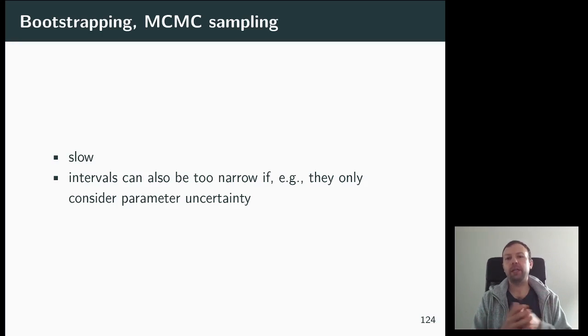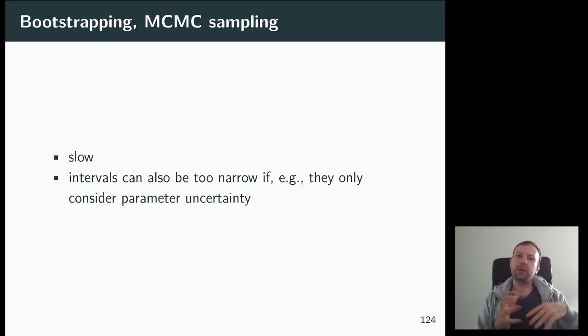You're not considering data uncertainty, you're not considering the model uncertainty. So then your intervals will be also too narrow. With MCMC sampling, Bayesian methods, people actually get quite good results in terms of prediction intervals.